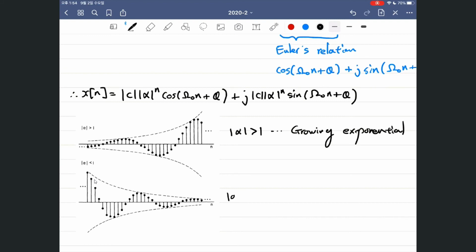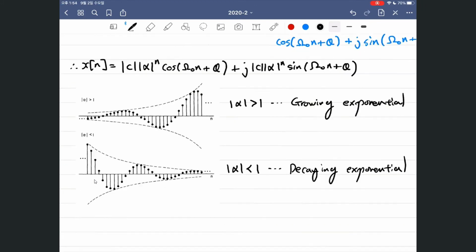And if the magnitude of alpha is smaller than 1, then obviously it's a decaying exponential. Okay, now we have obtained the complex exponential equations for both continuous time and discrete time.